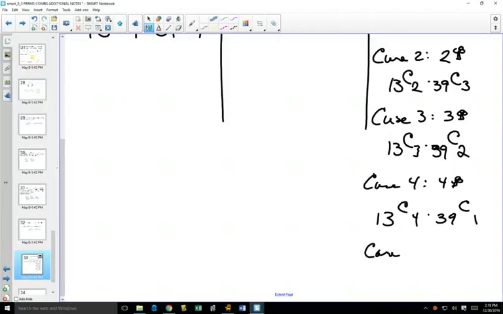And finally, case 5, choose 5 clubs, which is just 13 choose 5. If I figure out each of those cases, and because it's a cases question, add them up, my total will be the amount of having at least 1 club.